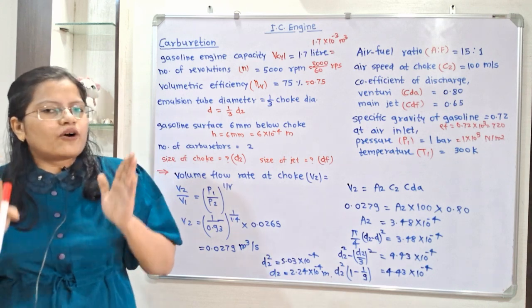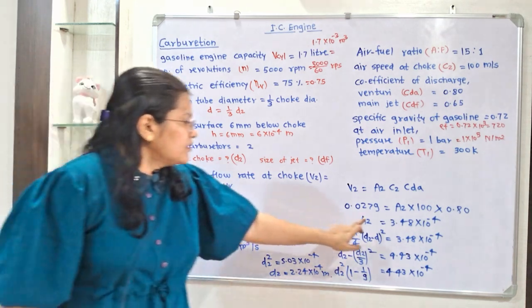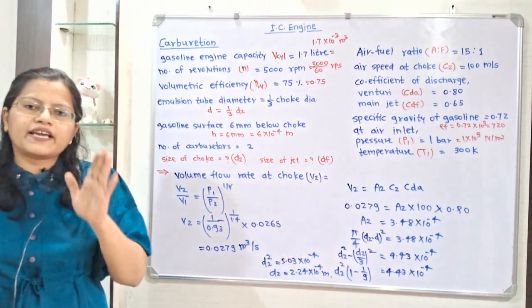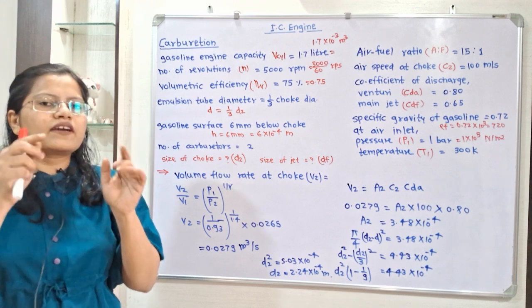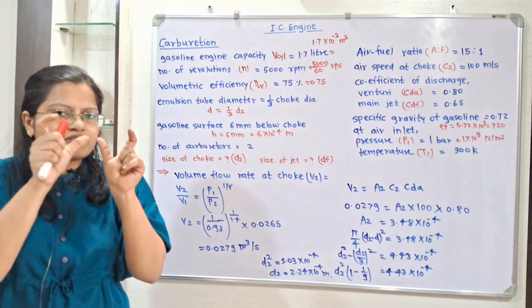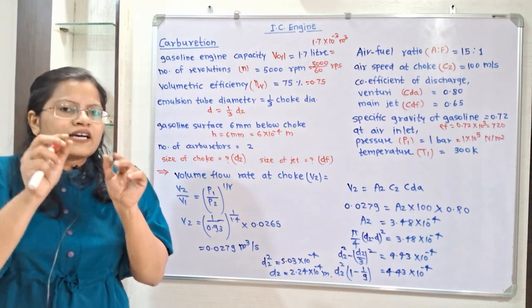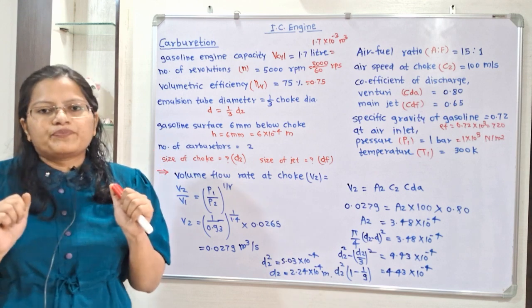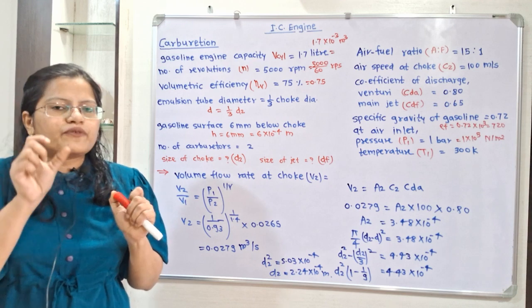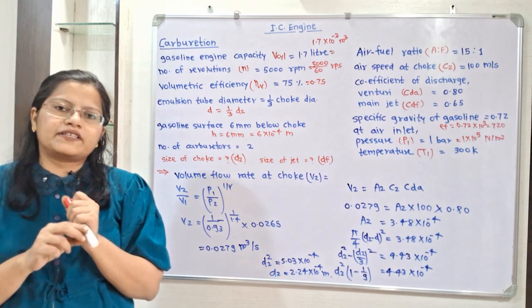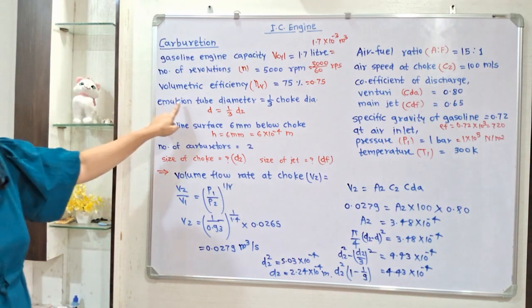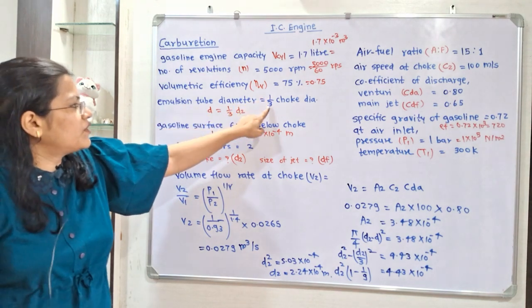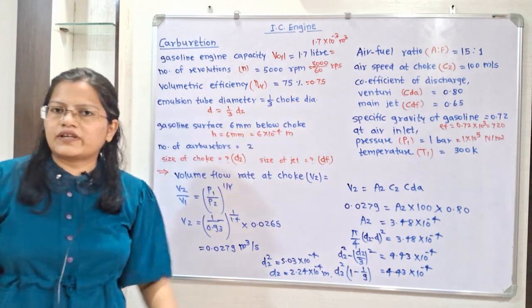Now if we observe the diagram, this cross sectional area at point 2 contains the venturi, that is the total choke, as well as the emulsion tube which has the diameter D. If we observe, the emulsion tube diameter is equal to 1 by 3 of the choke diameter.